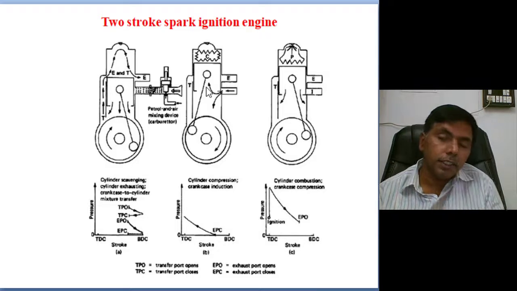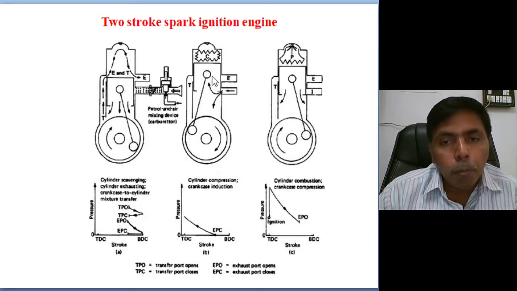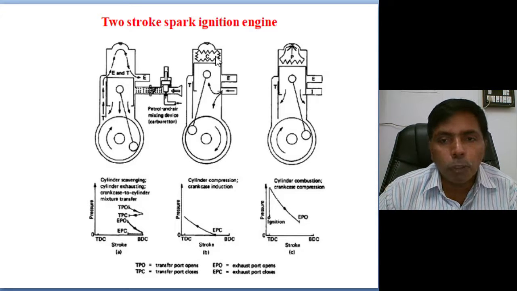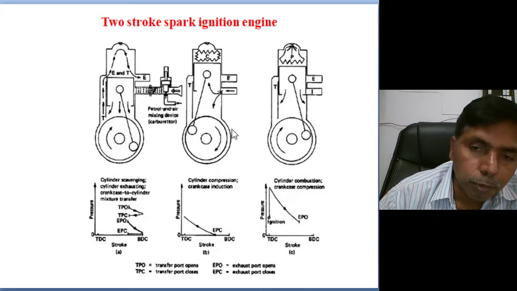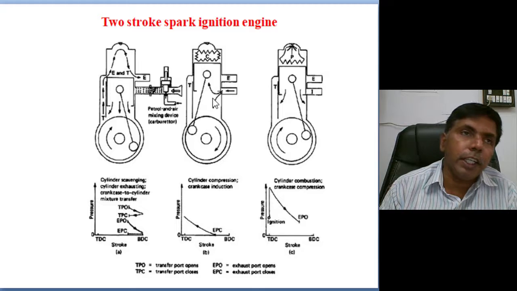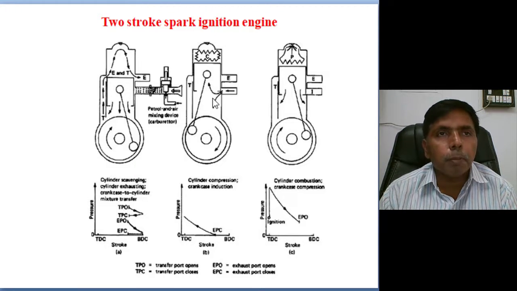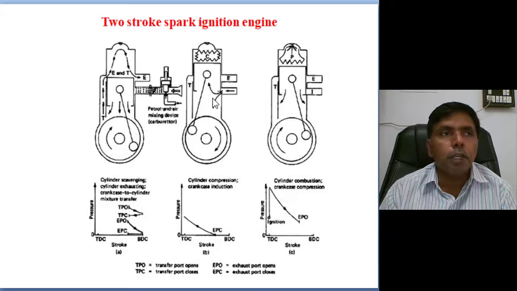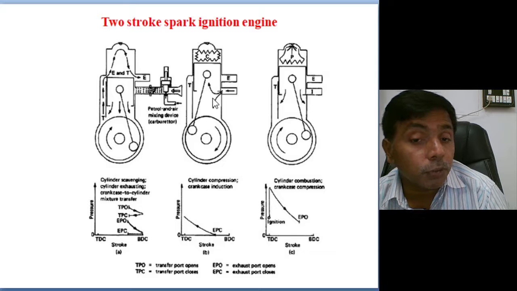Because all port opening and closing takes place by the movement of the piston. With one movement of the piston from TDC to BDC and a second movement from BDC to TDC, the entire five processes will complete: intake, compression, exhaust, power and combustion.